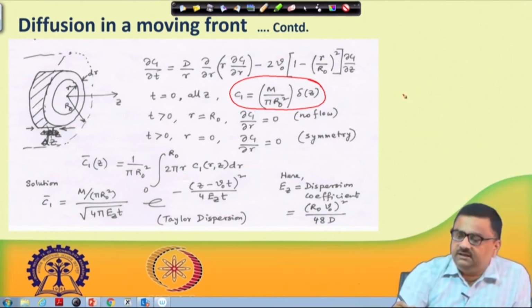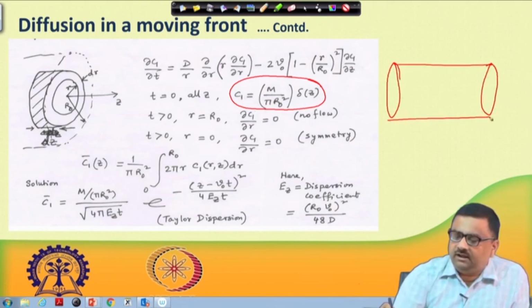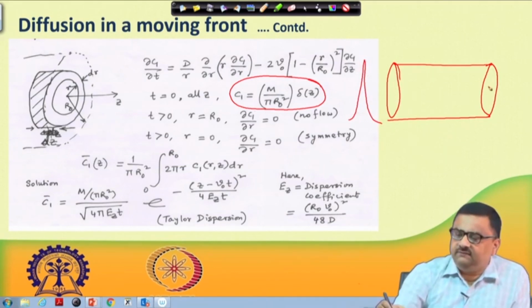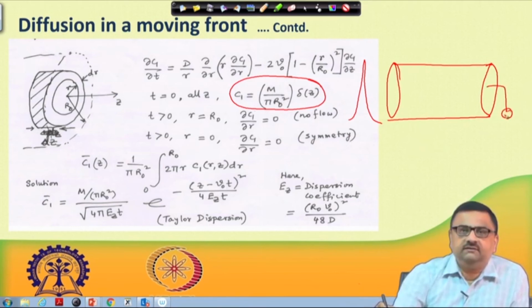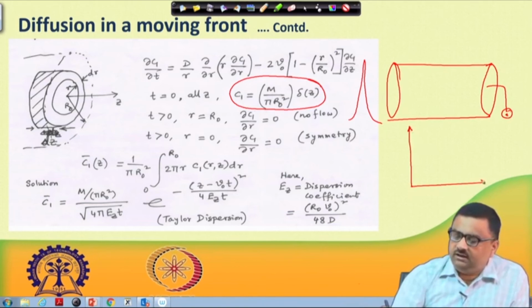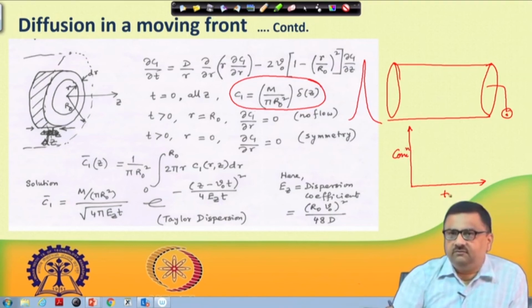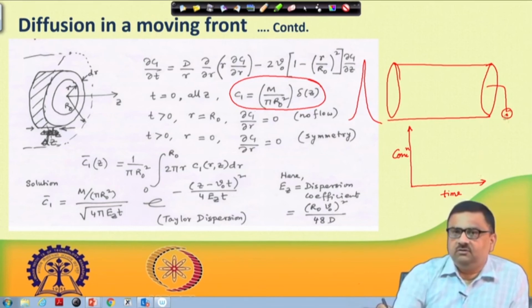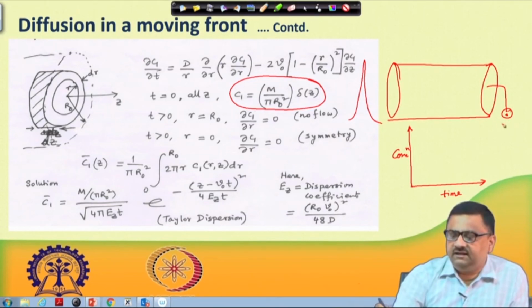It is something like you have this capillary, and you have given a Dirac function, and at the outlet, let us say I have a detector which detects the concentration. So what do we get at the outlet? We will be getting concentration as a function of time. If you go to any detector, this is what you would get, with a continuous flow taking place and the detection going on.